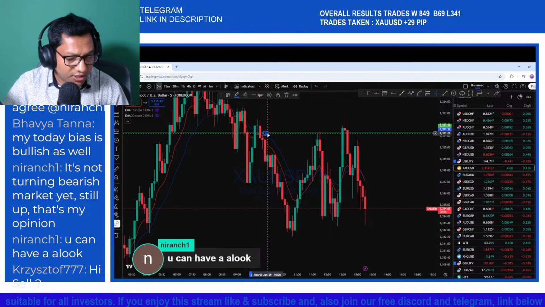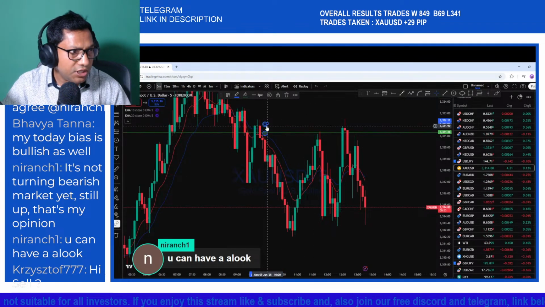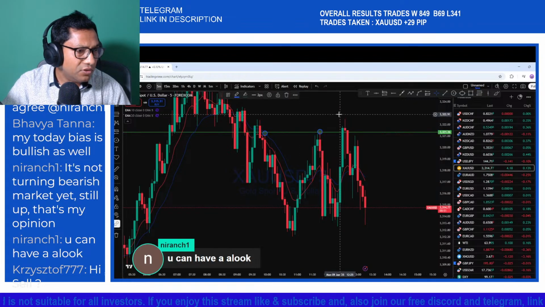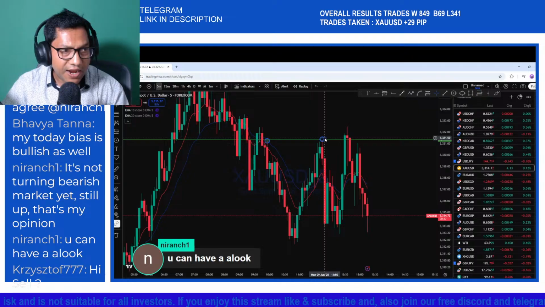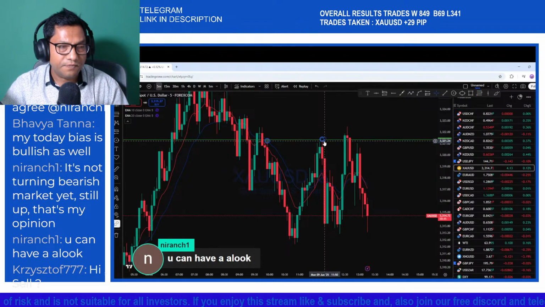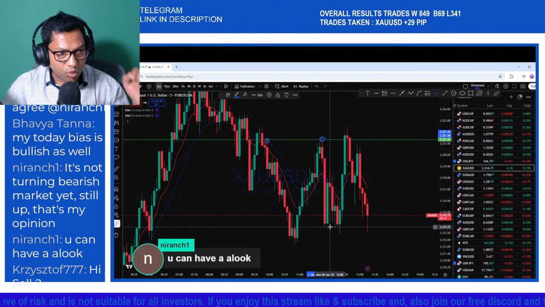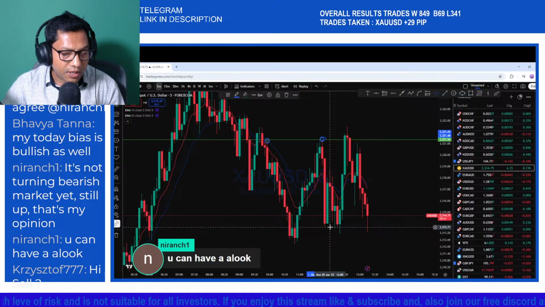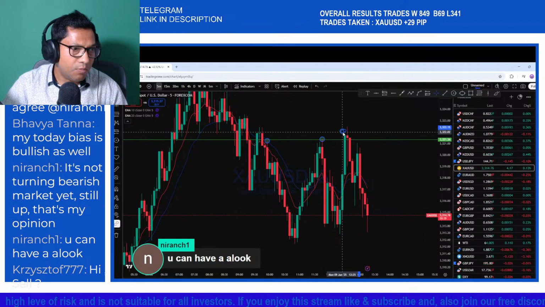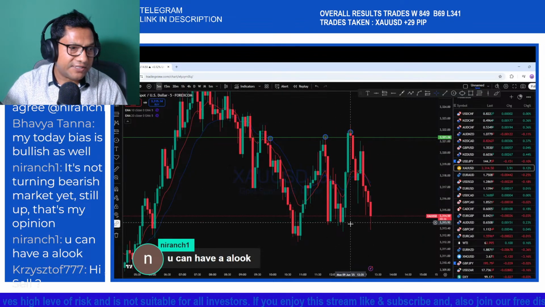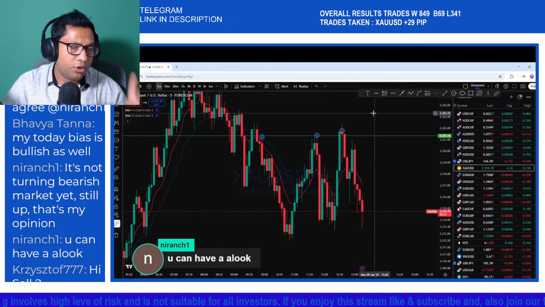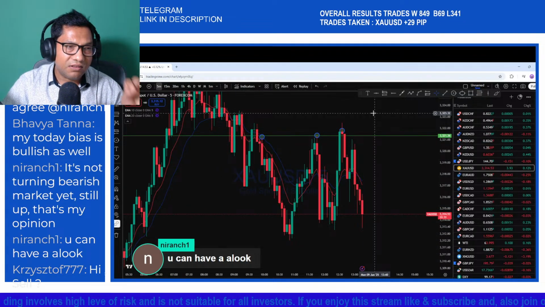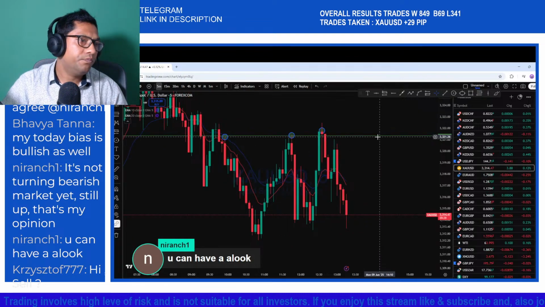Now the next one, if you look at, what do you see? The same level, just a little extended to the upside, the same kind of candlestick pattern, followed by another wave of drop, and then followed by another move, just a little extended, with the lowest point to the highest point, one single move to the key level.